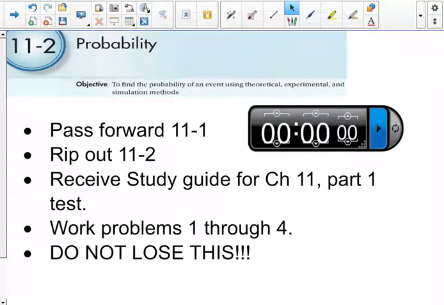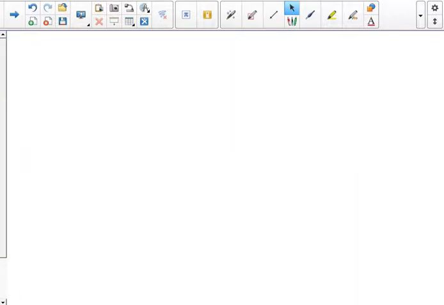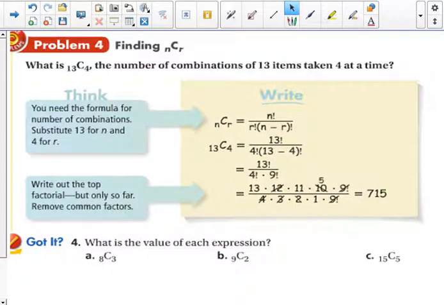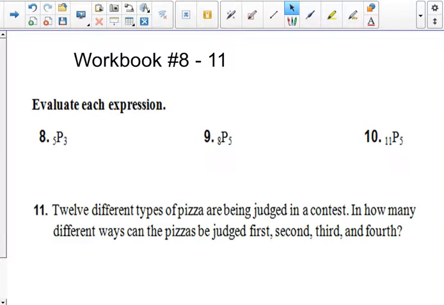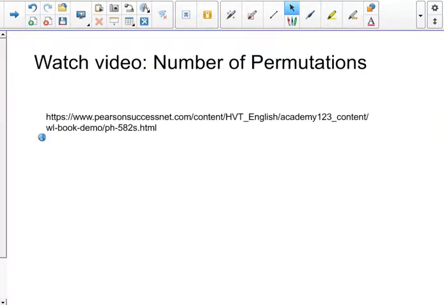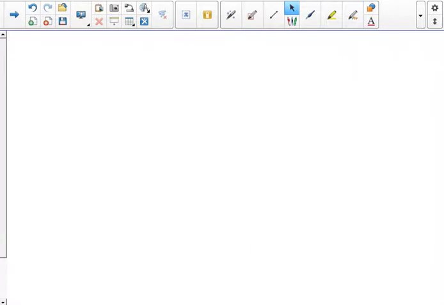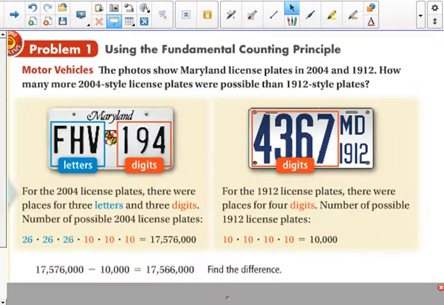And we talked about two different formulas last week, the permutation and the combination. Before we did those, we just talked about one rule, and that was the fundamental counting principle. And we learned that if there are several different items, how many different ways can we present them?